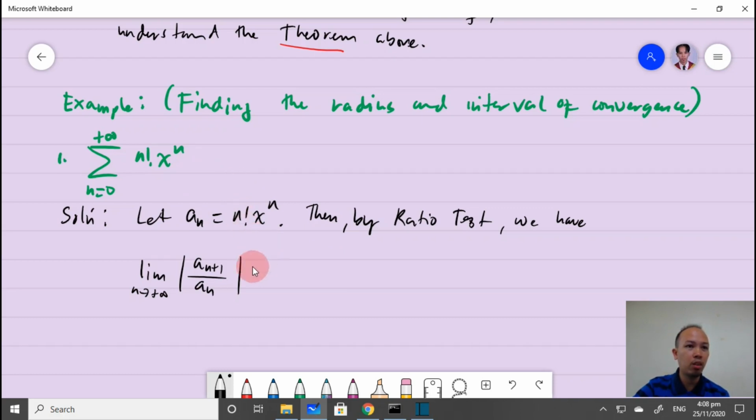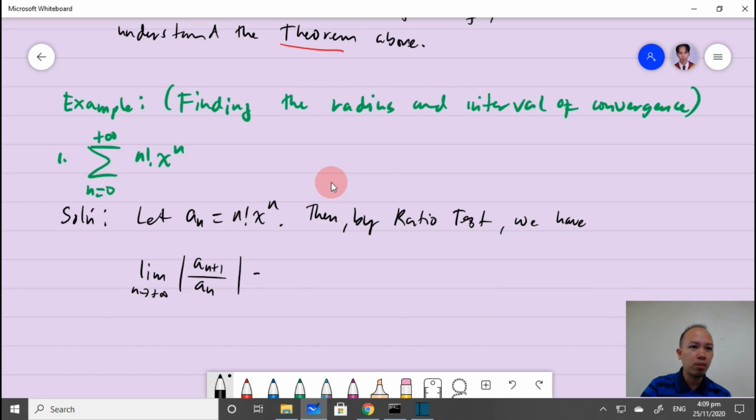Okay, so meaning to say, what we will do here is choose theorem 1 in the ratio test, because as you have noticed, we are going to find those x for which the power series converges.